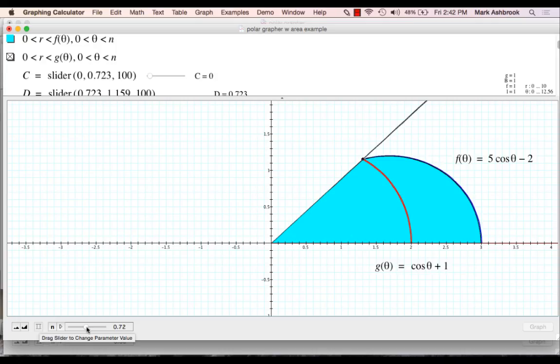Okay, so how can we set up an expression that would calculate that area? Let me give you a hint. So here's a typical strip. That's the best typical strip I've drawn all day. Okay, so that's our little dA. How am I going to get the total area of the turquoise shaded region?